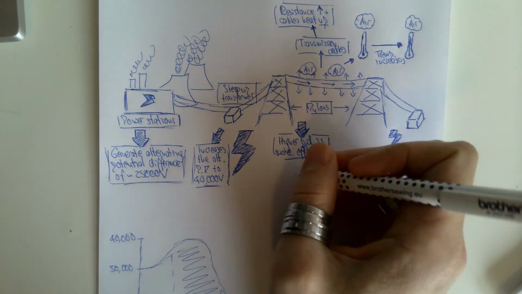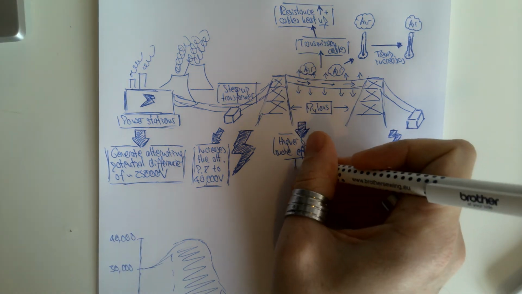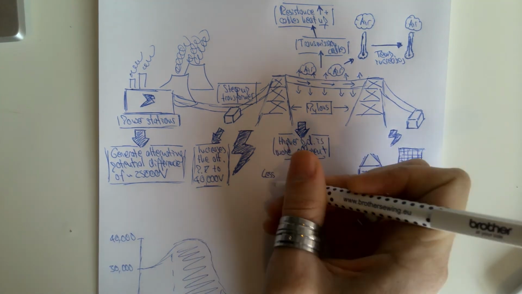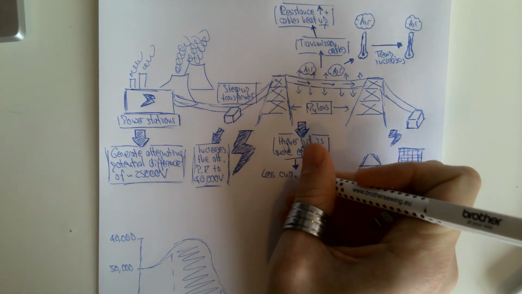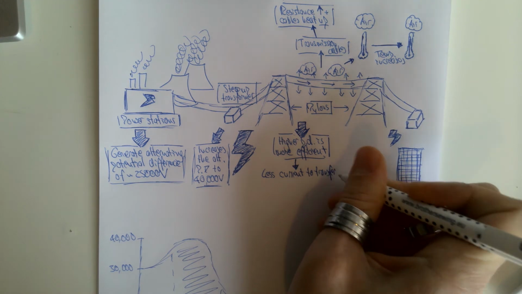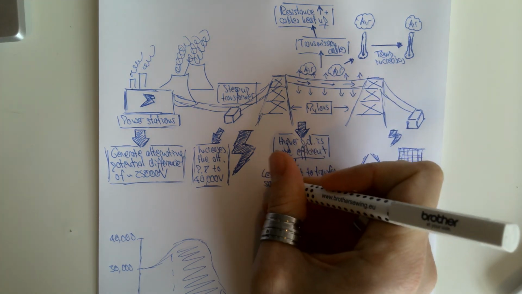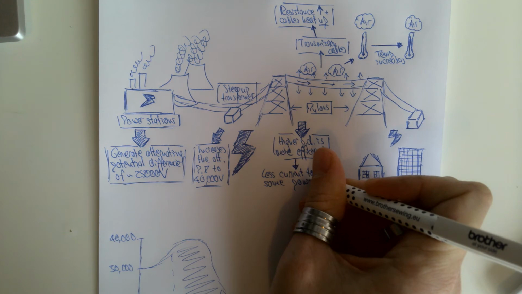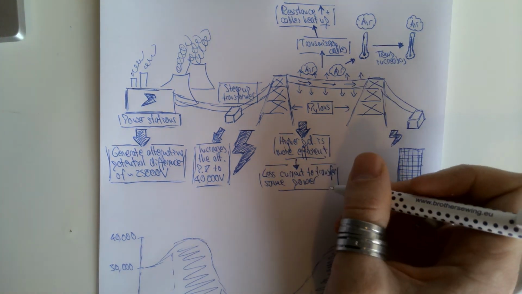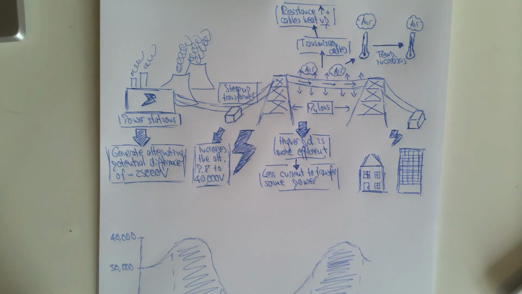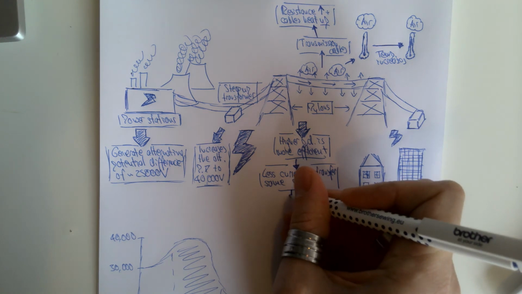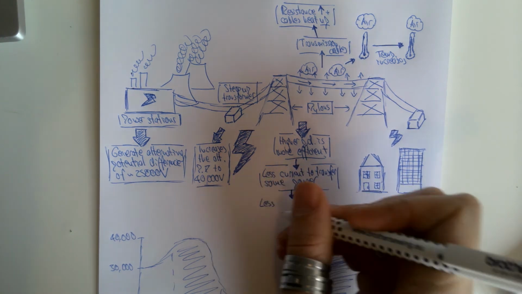Because a higher potential difference ultimately means that you need less current to transfer the same amount of electrical power, which means that ultimately less energy is wasted by heating. Less energy is lost as heat to the air.